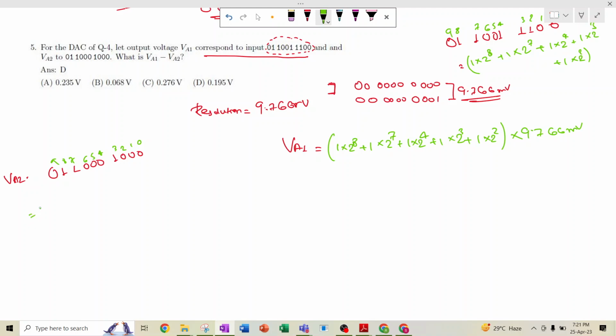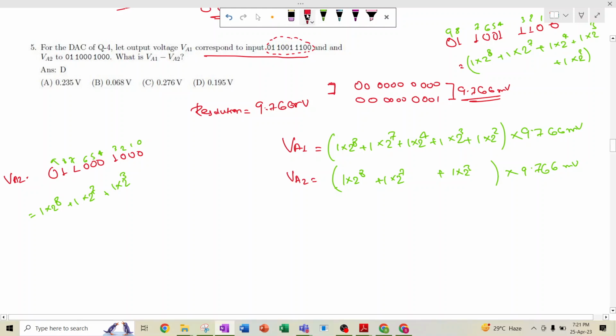So it will be 1 into 2 to the power 8 plus 1 into 2 to the power 7 plus 1 into 2 cube. So VA2 is this multiplied with 9.766 millivolt. Now we have to subtract these two, VA1 minus VA2.